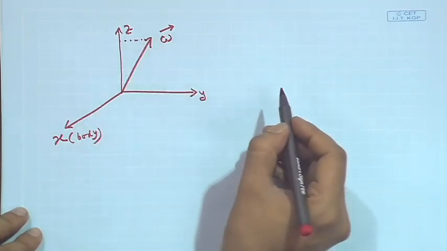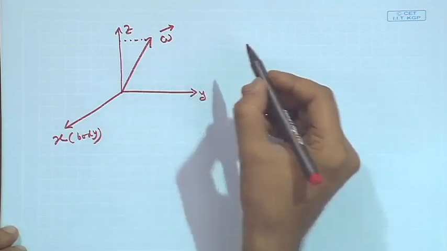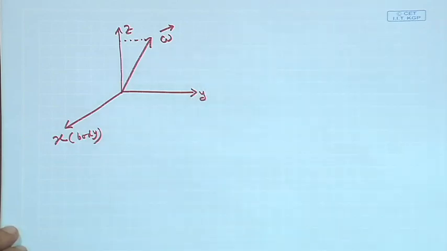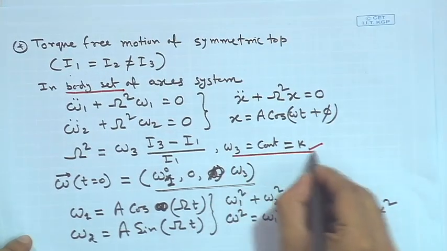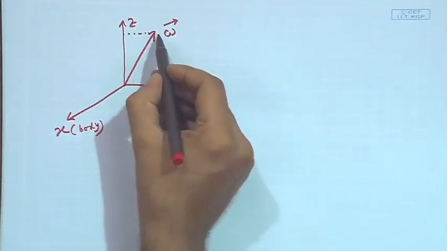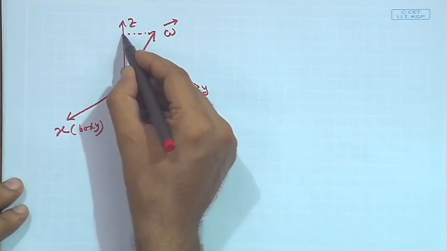So, the first result we got was what? Omega 3 is equal to constant. This result means the z projection of this angular velocity is always a constant.